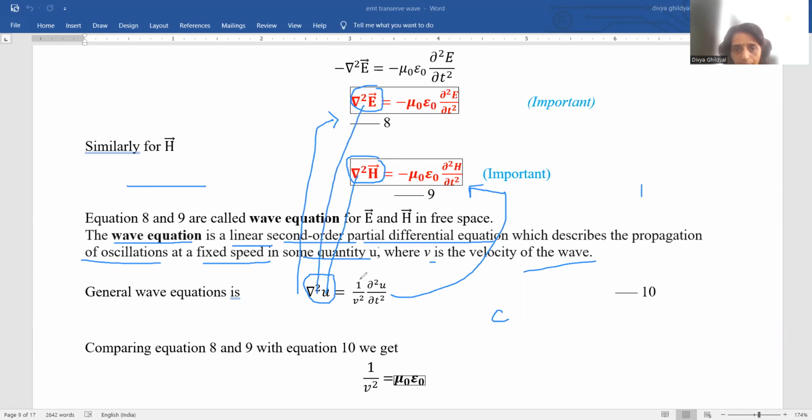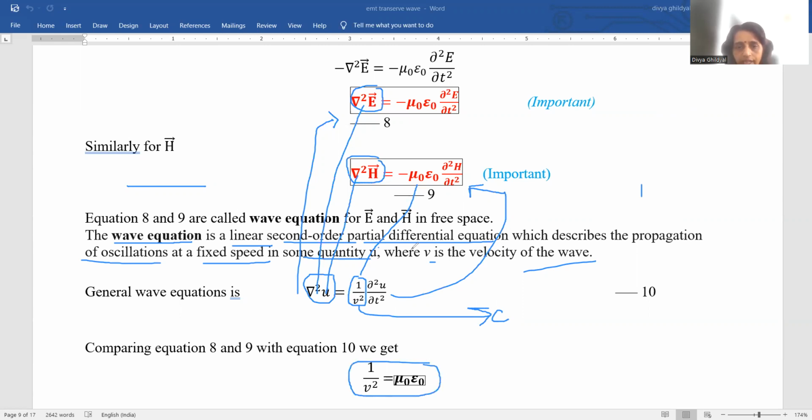So when we are comparing, this quantity 1 upon v square comes out as mu naught epsilon naught, and v in case of electromagnetic wave we know is equal to c, or velocity of light. So 1 upon v square becomes equal to mu naught epsilon naught here.